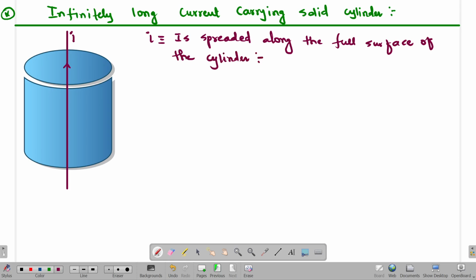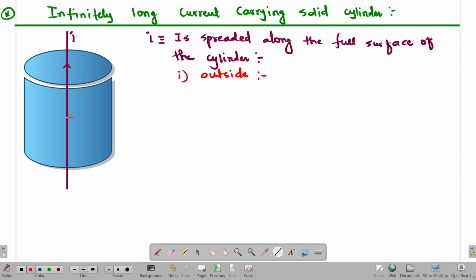Let us consider the first case, which is outside. I want to find the magnetic field outside the cylinder.